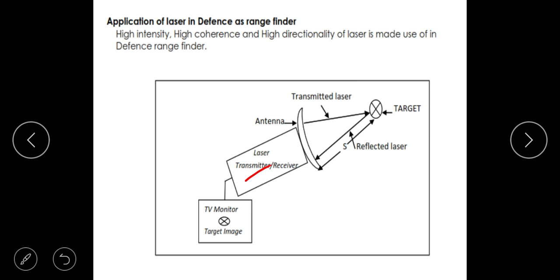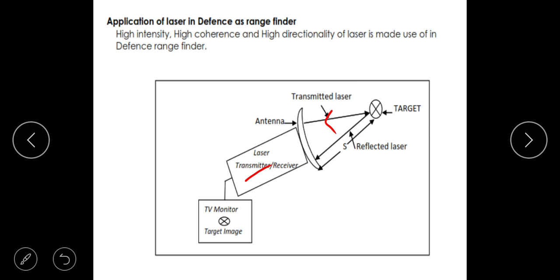Since these beams have the directionality property, the rangefinder works on the principle that distance is velocity into time, as you might know, S is equal to Vt. The laser beam is transmitted to the target, and the reflected laser beam from the target is received, as shown here. The receiver is shown here.